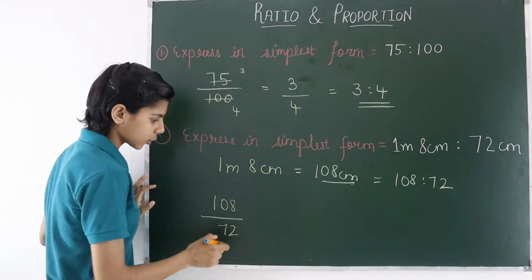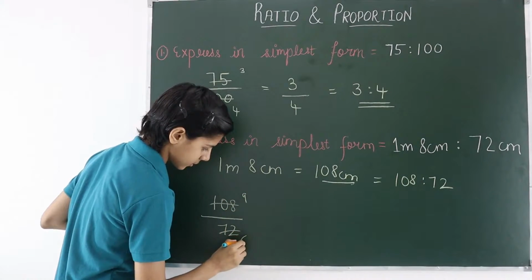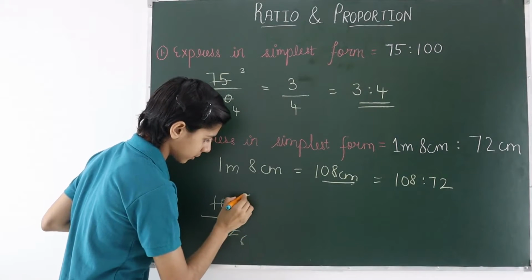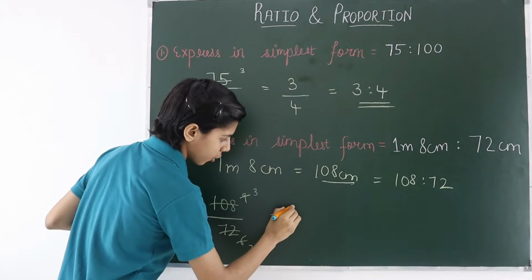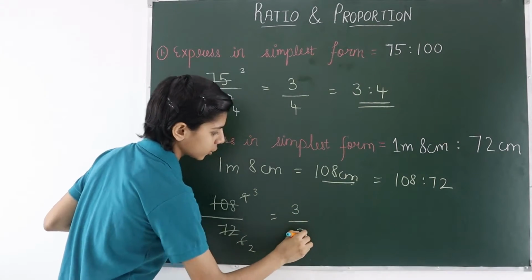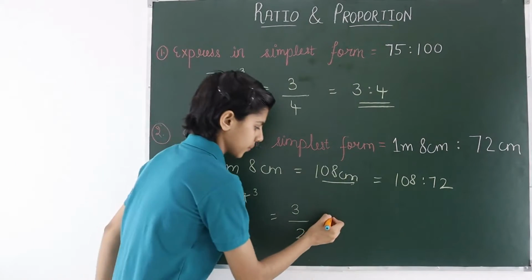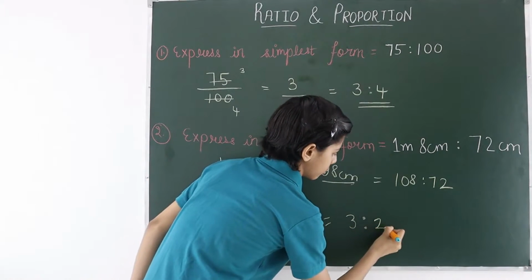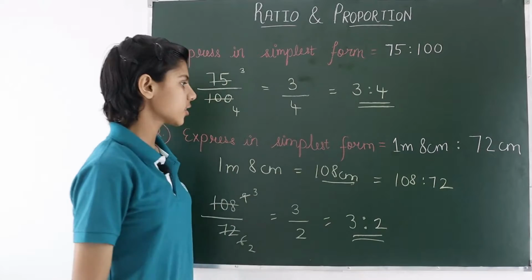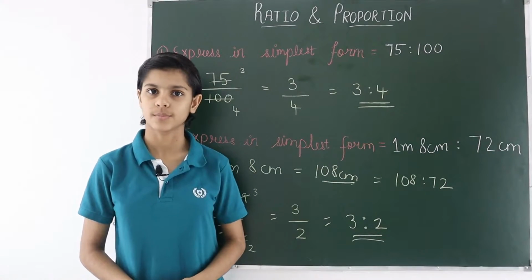Now here it goes with 12, 9, 6 and then it goes with 3, 2. We have got the fraction 3 by 2. Now we can write this fraction into ratio form. That will be 3 is to 2. So like this you can convert any ratio into its simplest form.